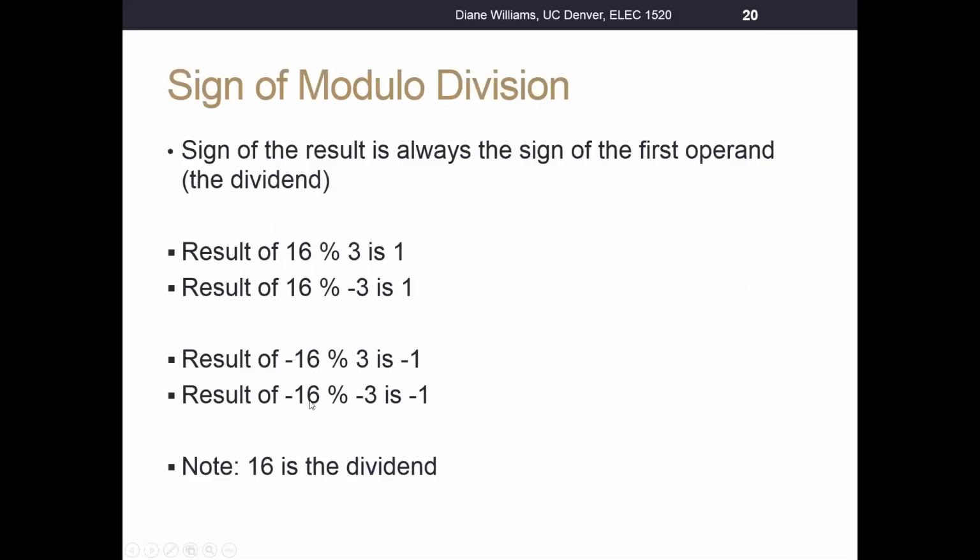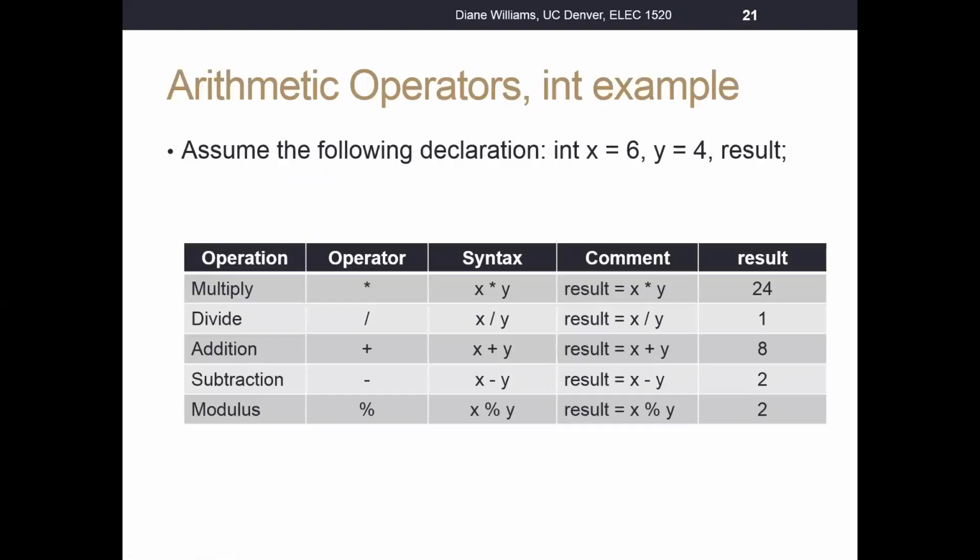And then finally, -16 divided by -3, well, if we multiply this by 5, it still leaves us -1. Right, so 16 is the dividend in each of these cases. These are the divisors on the right. These are the remainder. So it works for positive and negative numbers as well, right? But for integer data types only.